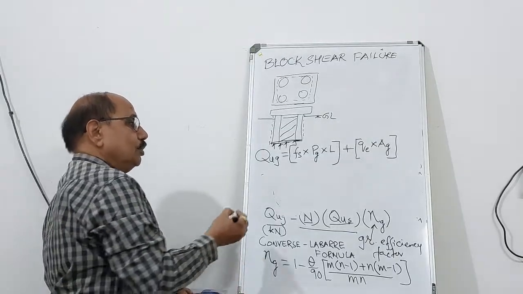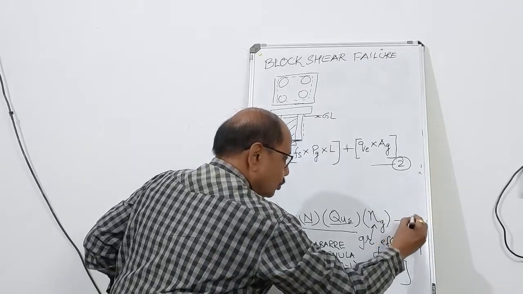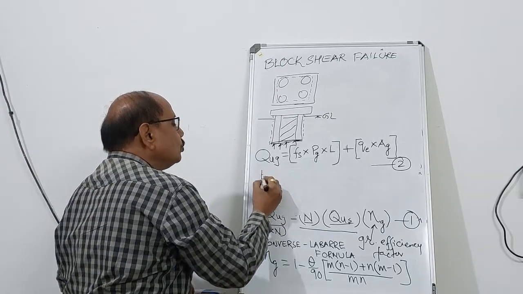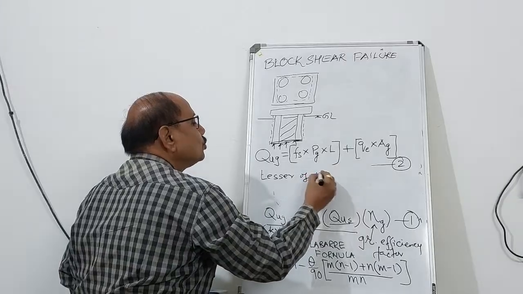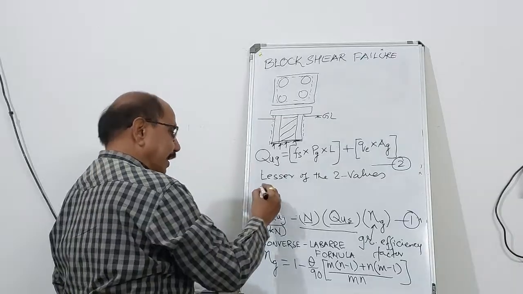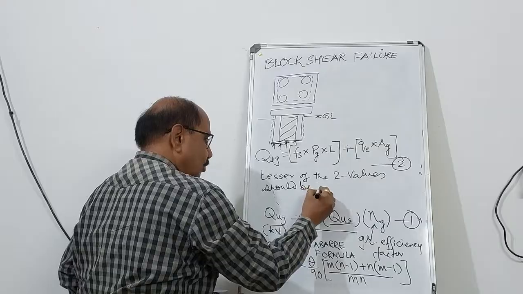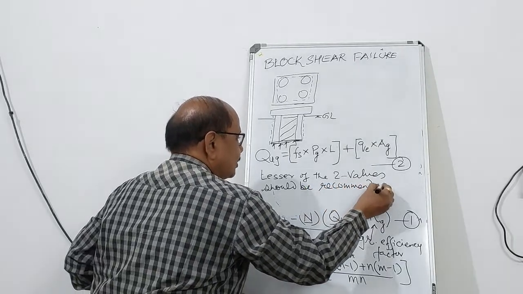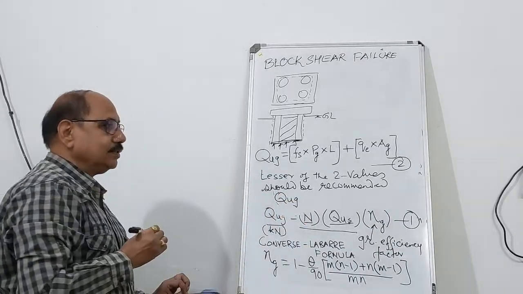So you are going to get two values from 1 and 2, and the lesser of the two values should be taken, should be recommended as ultimate group capacity of the pile.